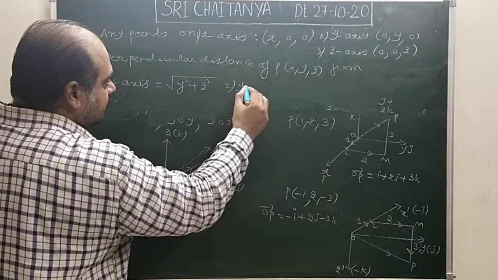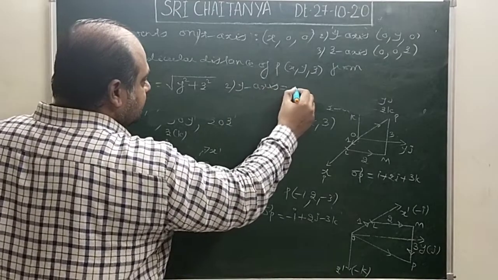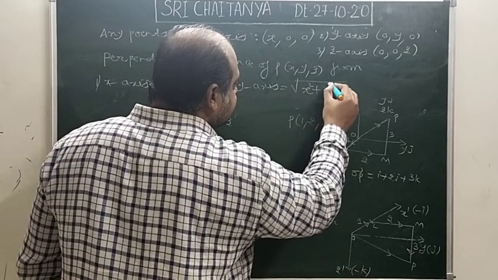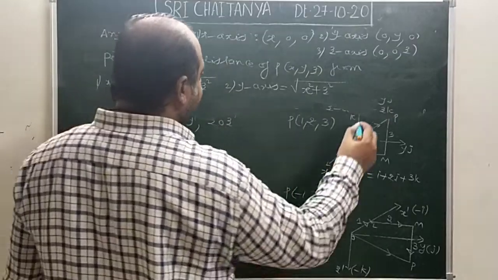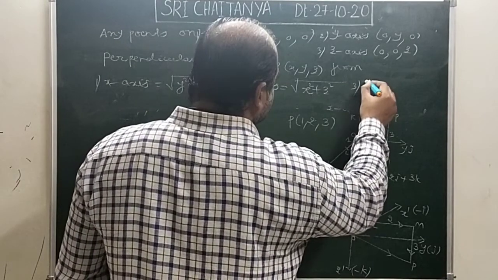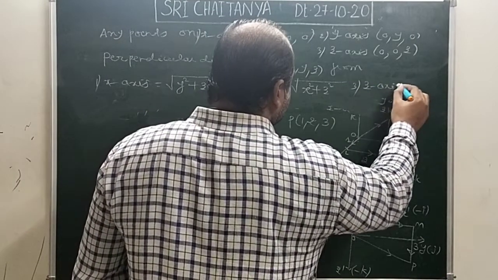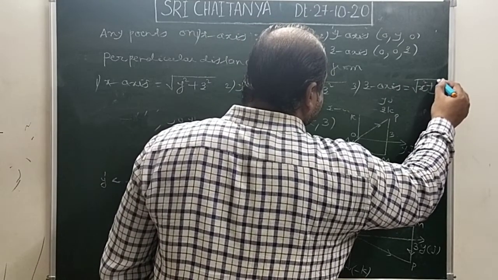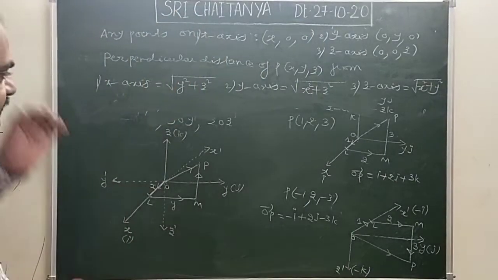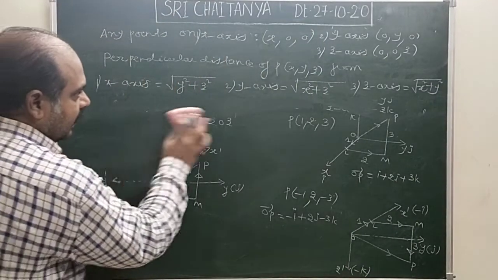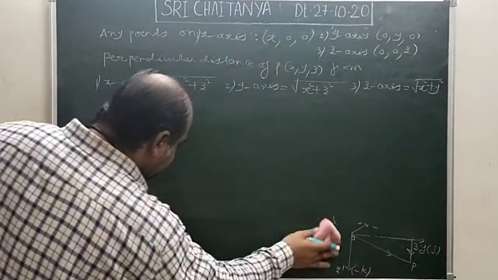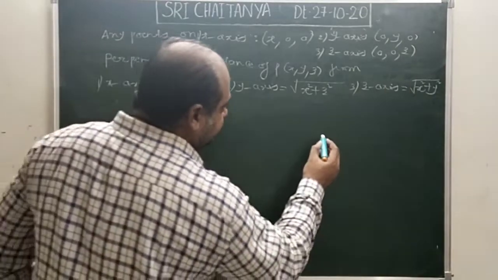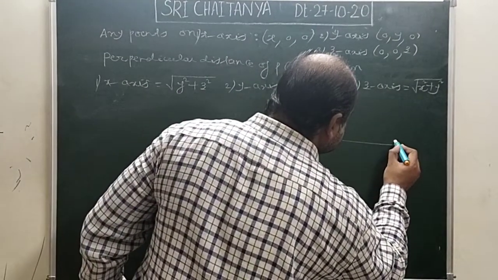Number 2, the y-axis, it is nothing but root of x square plus z square. Number 3, the z-axis, is nothing but root of x square plus y square. Perpendicular distance of the point P(x, y, z) on the x-axis, on the y-axis, on the z-axis. Look at here. What is this perpendicular distance?